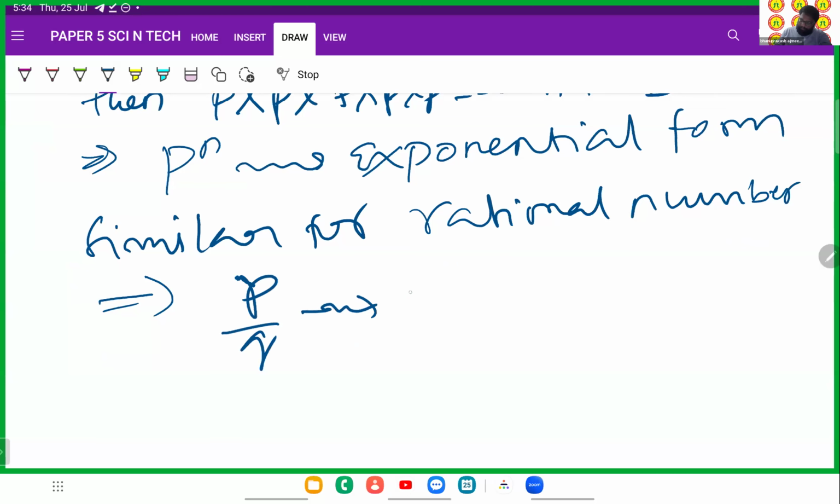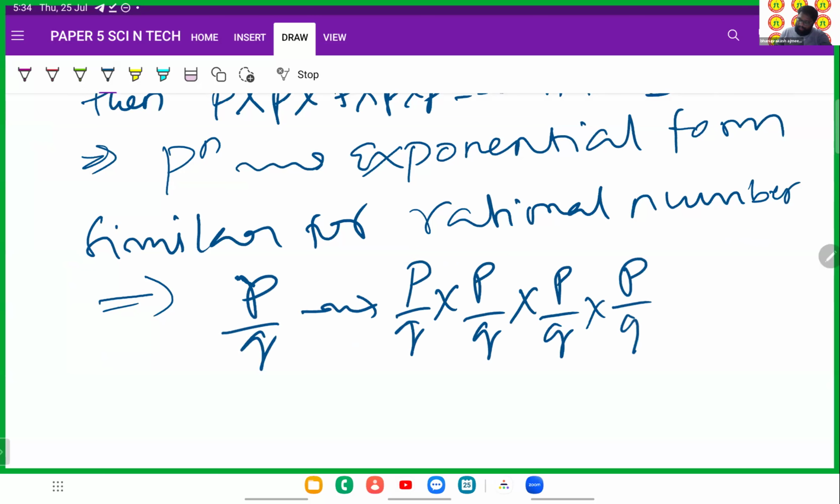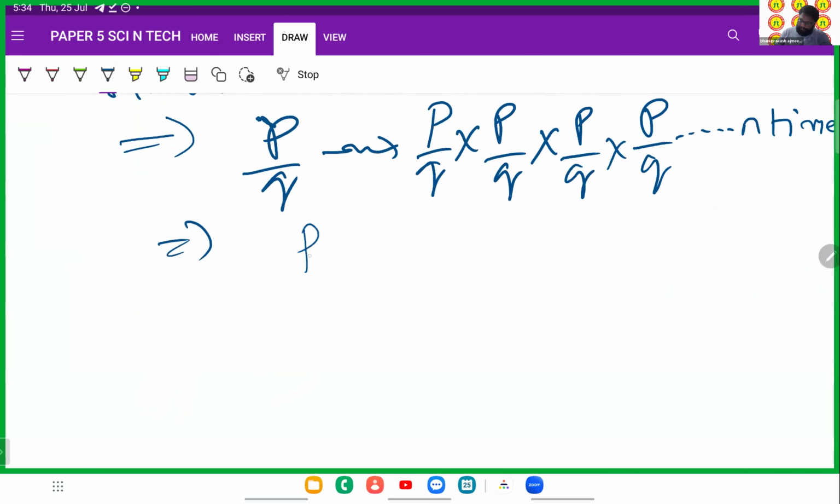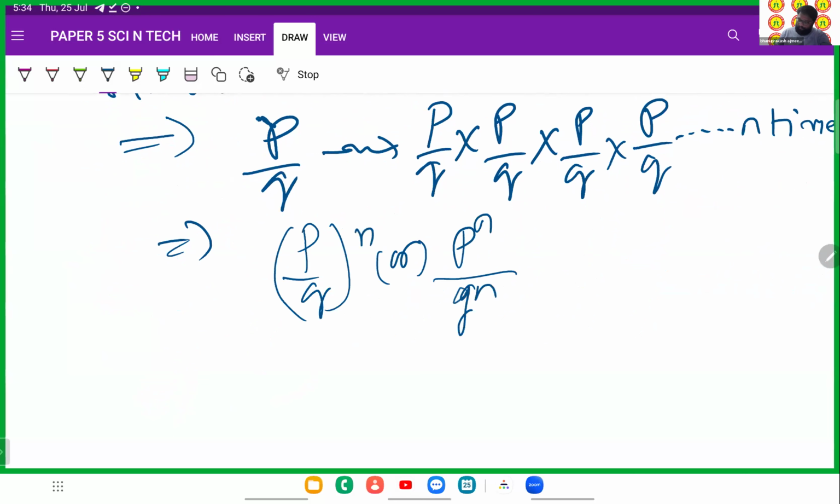If P by Q is a rational number multiplied n times, then we can write it as P by Q whole to the power of n, or P to the power of n by Q to the power of n. So we can write it in any way. I hope everyone of you got this.